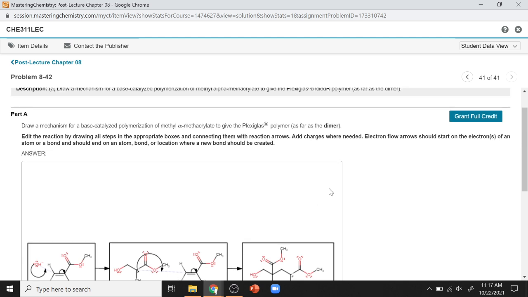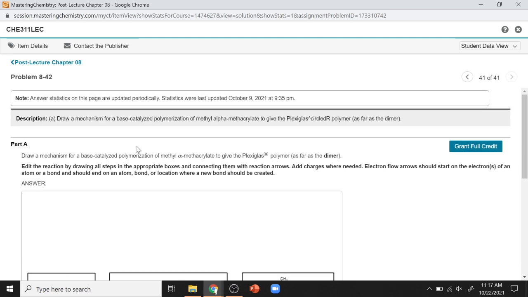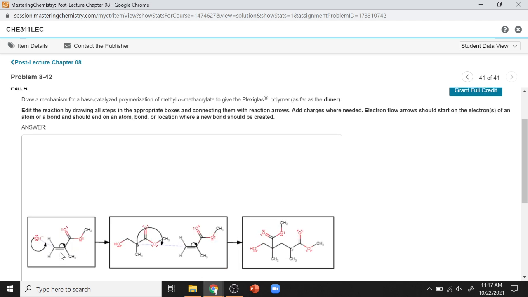Anyways. So we'll need to get this methyl alpha methacrylate, right? We'll need to write that out. That's what that looks like. This one is going to be base catalyzed, and so we'll have to start the process with a base, right?